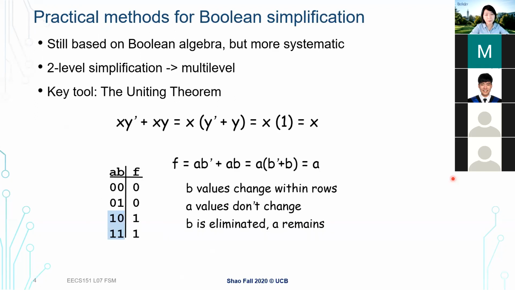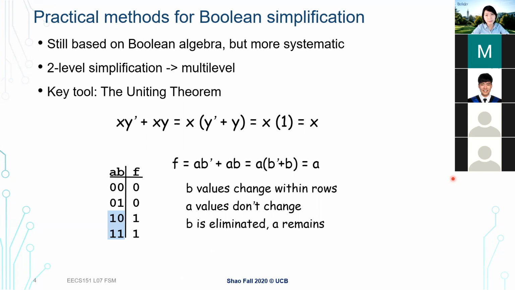So with that, let's see what we can do practically to make the hardware simpler by looking at the Boolean equations. This discussion is still based on Boolean algebra. We talked about different fundamental theorems or laws within Boolean algebra.